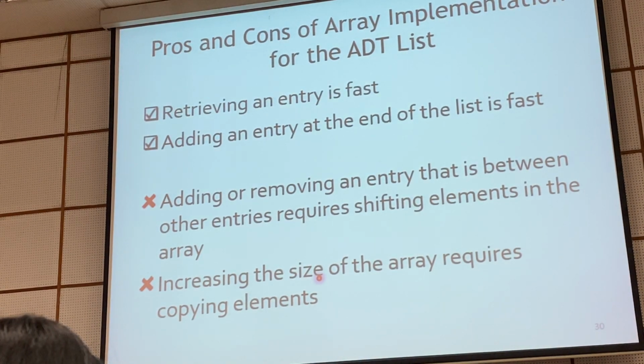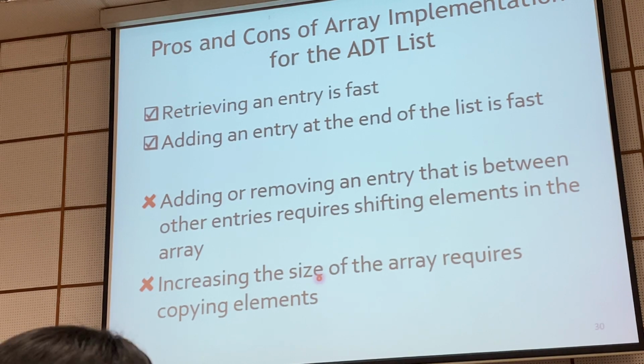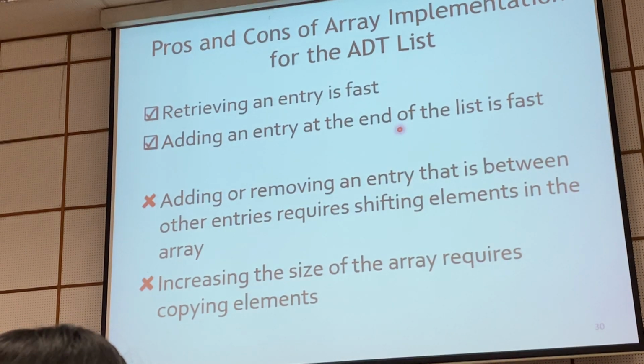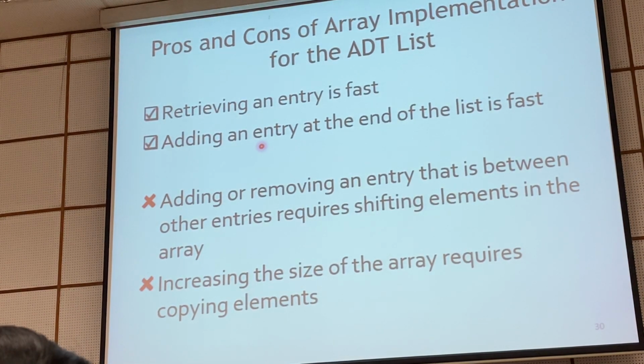Alright, so now let's take a look at the pros and cons of array implementation for list. Remember I talked about shifting. It's going to cost you. Now retrieving an entry is fast. Why is retrieving an entry fast? In an array, we use index, so I can retrieve the data very quickly because I just have to refer to the index. Adding at the end is very fast.